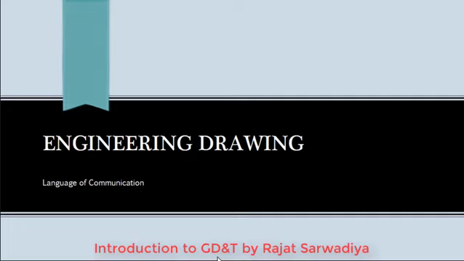This is your engineering drawing. Some will call it drafting, some will call it the production drawing. It can be called somewhere the inspection drawing or assembly drawing. Different drawings have different names, but commonly, yes, we call it engineering drawing.